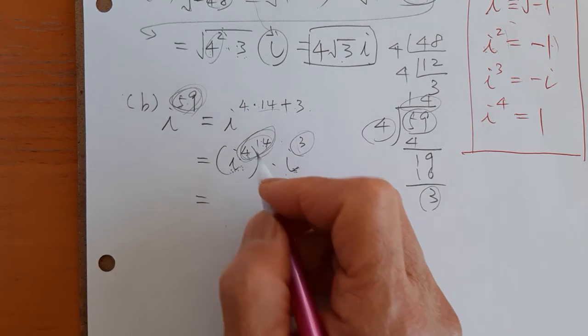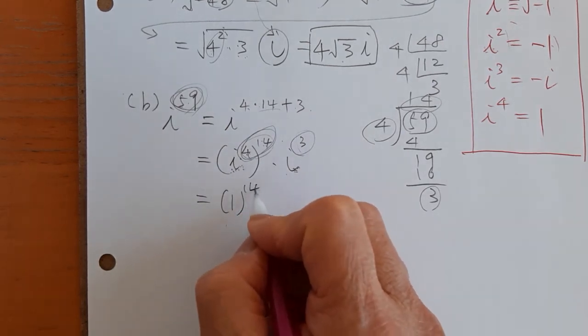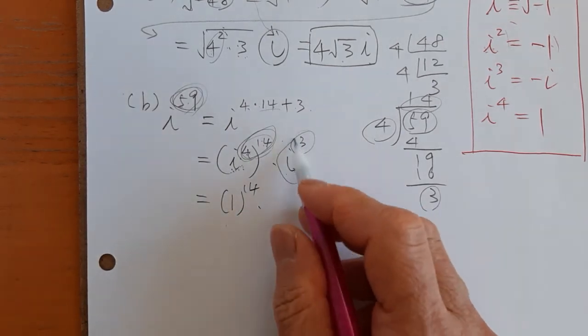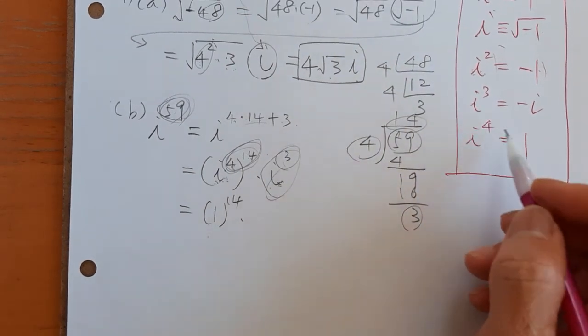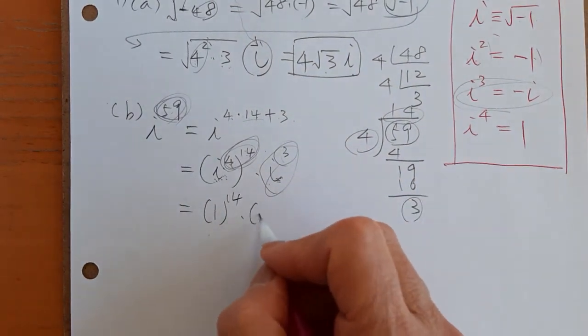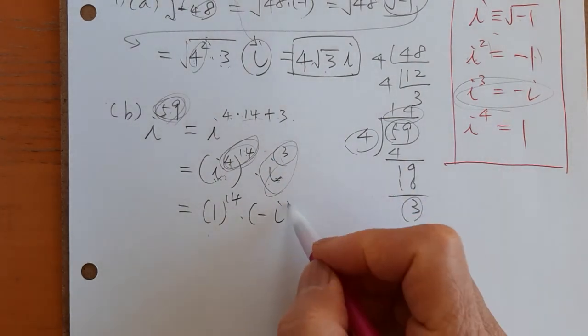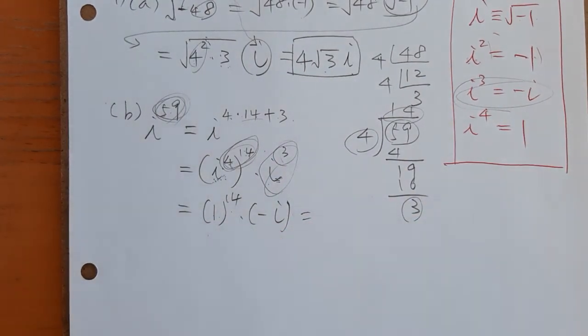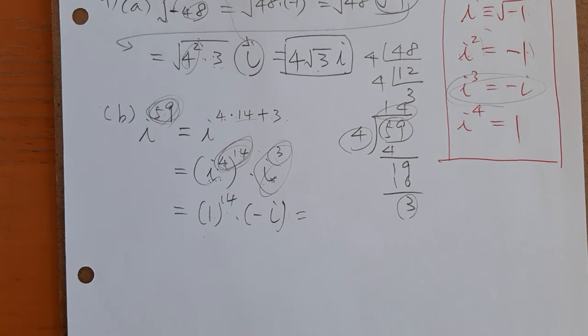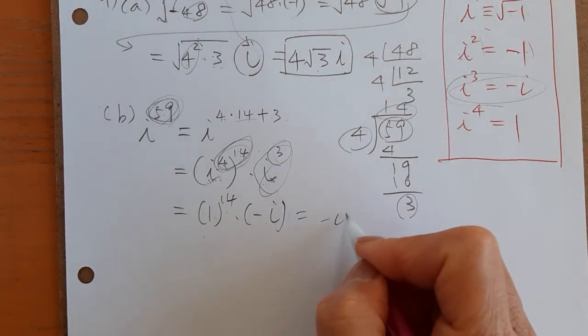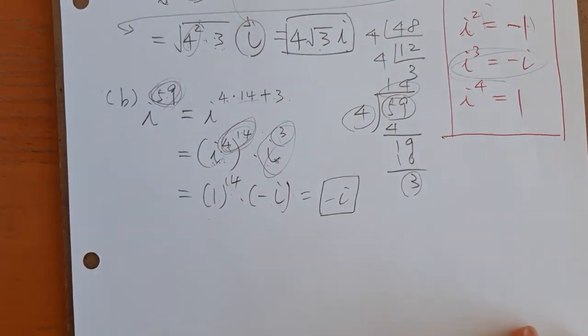And then i to the power 4 is 1. 1 to the power 14 times i cubed. i cubed is negative i. And 1 to the power 4 is 1 times 1 times 1. 14 of 1s multiplied together is 1, times negative i. So the answer is negative i.